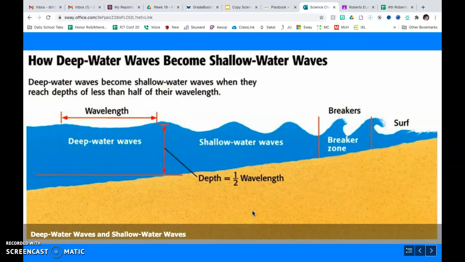What about deep water waves? How do deep water waves become shallow water waves? This happens when they reach depths of less than half of their wavelength. If you've been to the beach, you may have noticed this.